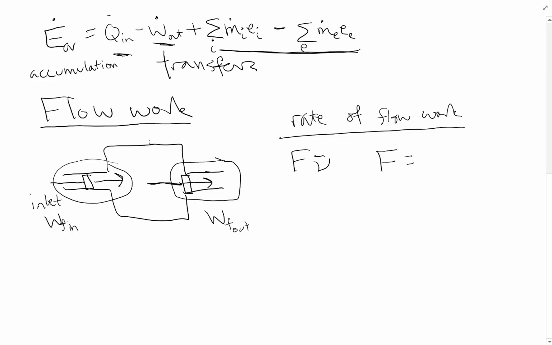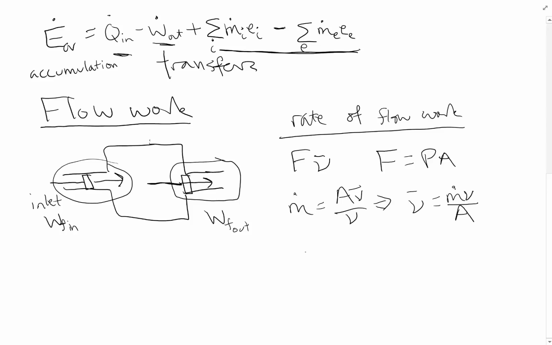Force is equal to pressure times area. And remember that mass flow rate was equal to area times velocity over specific volume. So if we do a simple substitution, that means that velocity is equal to mass flow rate times specific volume divided by area.